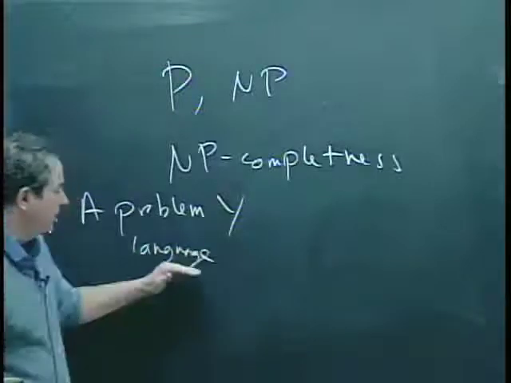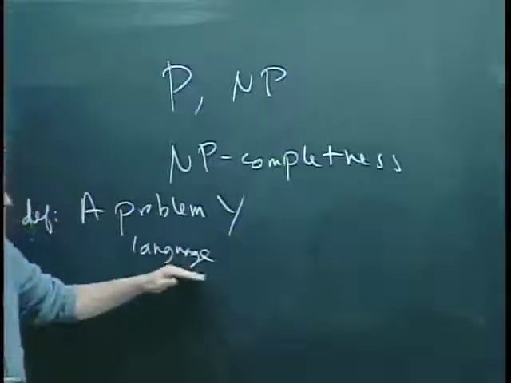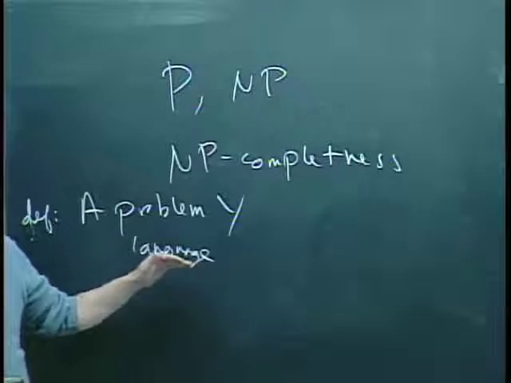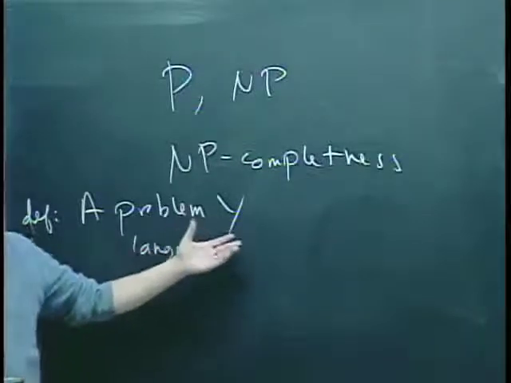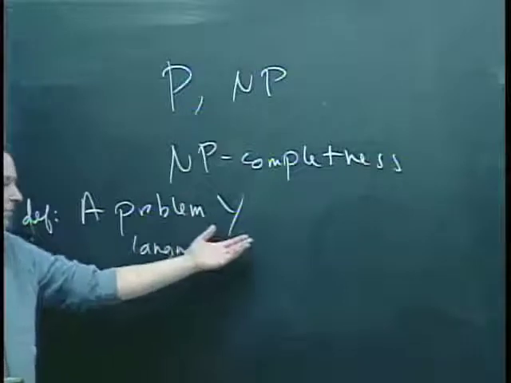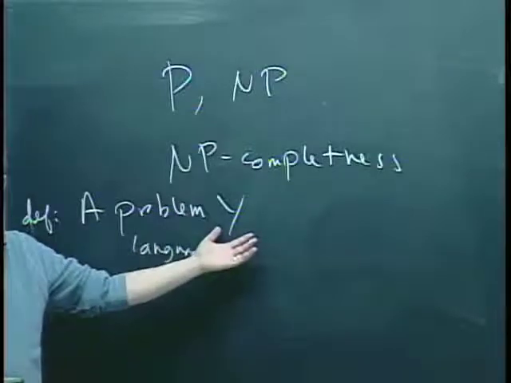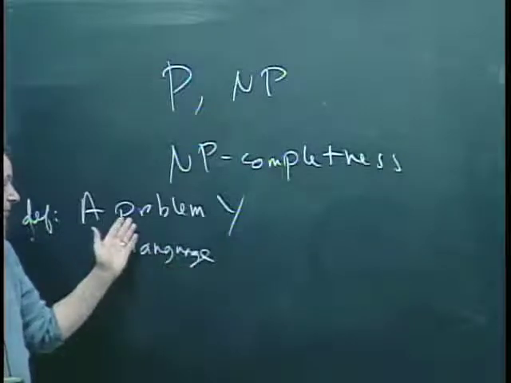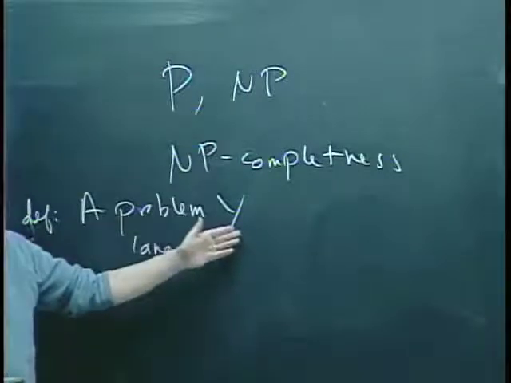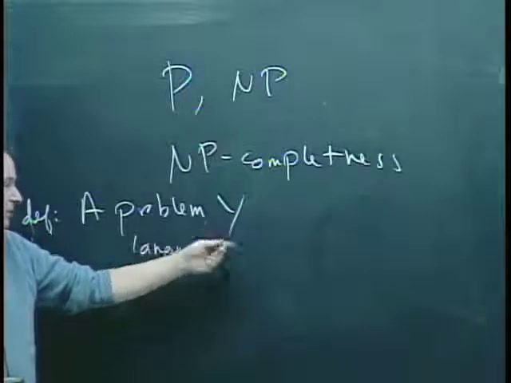And after class last time, I looked back at the book, and it's kind of funny that they do drift over into the whole notation that talks about problems as sets. They never use explicitly the word language. They continue to talk about a problem, and yet they refer to it as a set.